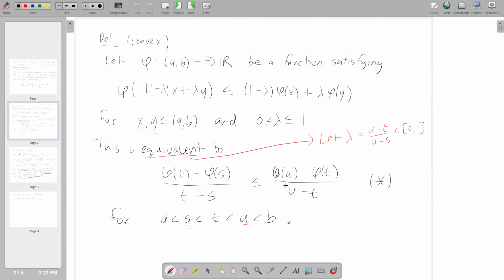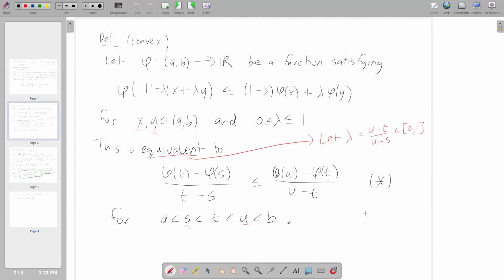If you pick a point s where you want it to be continuous, all you have to do is multiply both sides by t minus s, and then let s approach t. The numerator would have to approach zero because the right-hand side is a fixed value, and if I let s approach t, the right-hand side will go to zero. So that's one way you can do that.